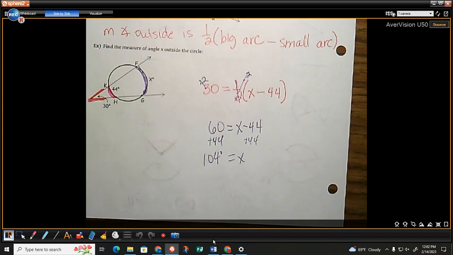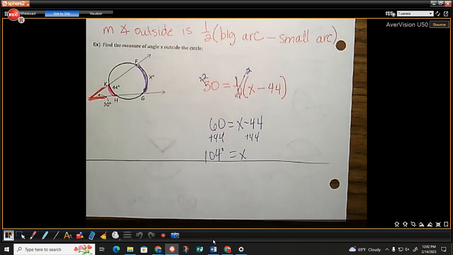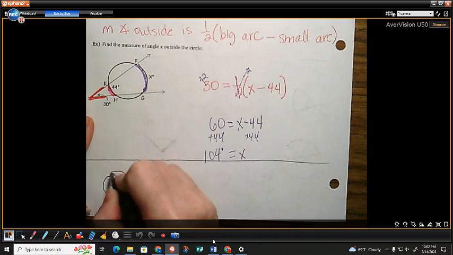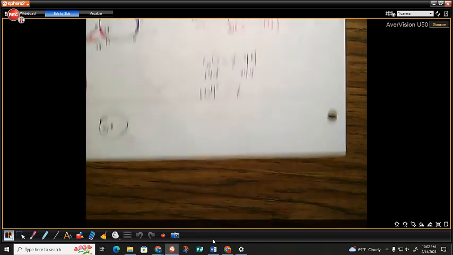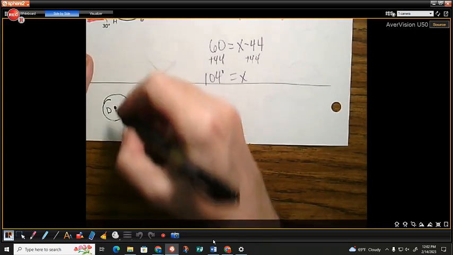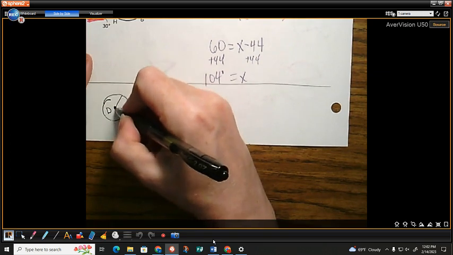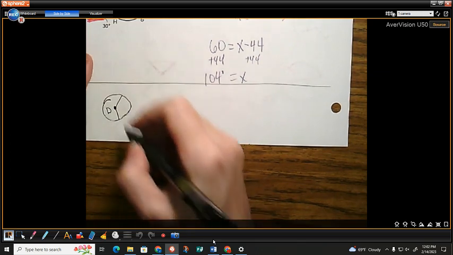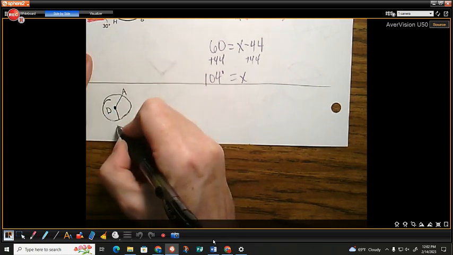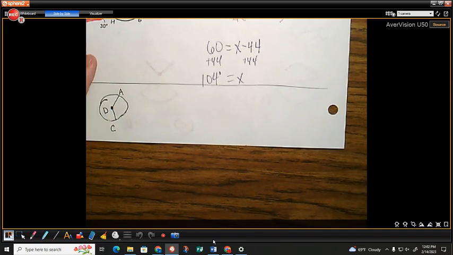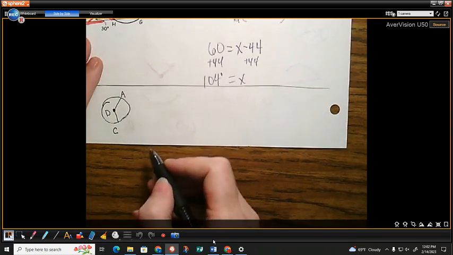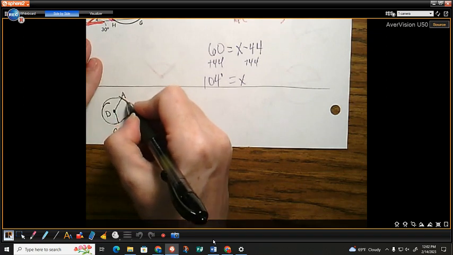Bonus fact! See all this empty space? You get a bonus fact. Draw a circle. Draw a center. Call it D. And then draw 2 radii out to the edge, and let one end at A and the other end at C. Then draw the tangents to those.